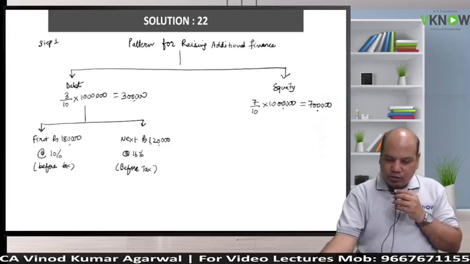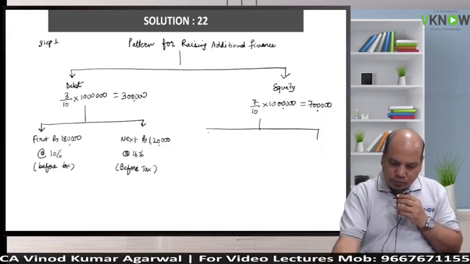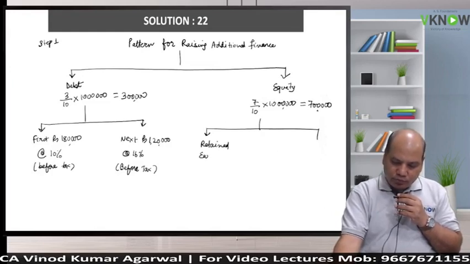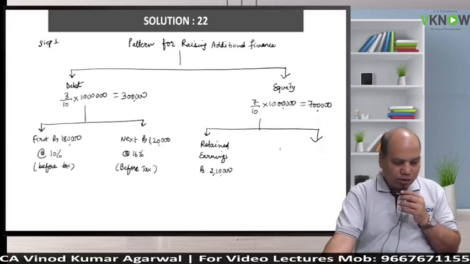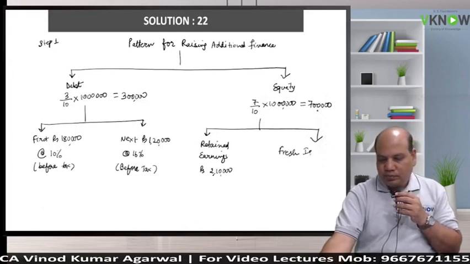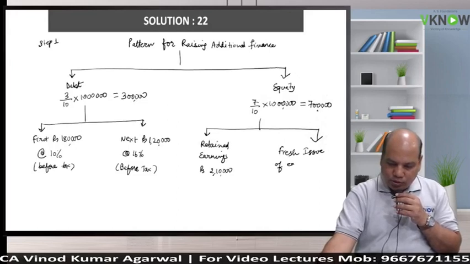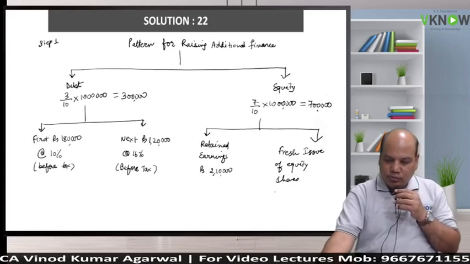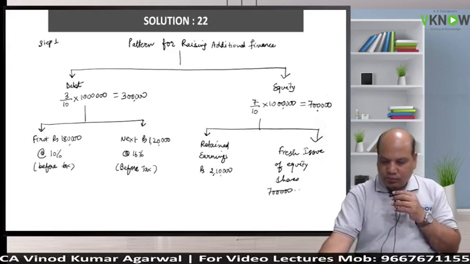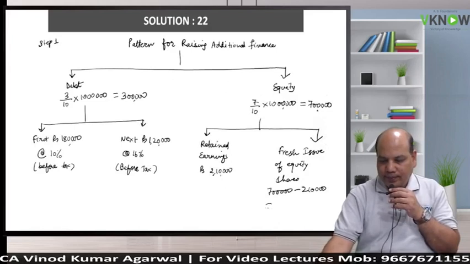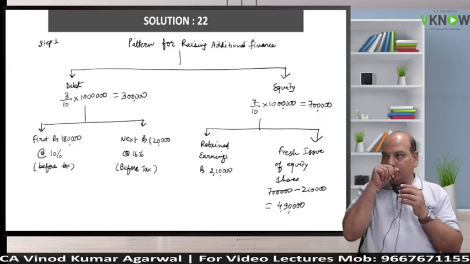Again, first we'll write retained earning. Retained earning will be the first priority, which is given as rupees 2,10,000, and then write down fresh issue of equity shares: 7 lakh minus 2,10,000 is 4,90,000.